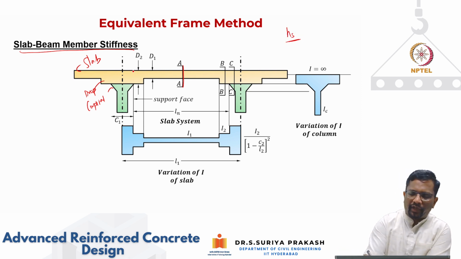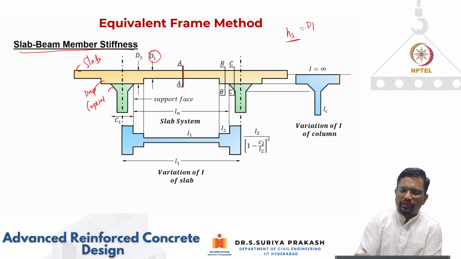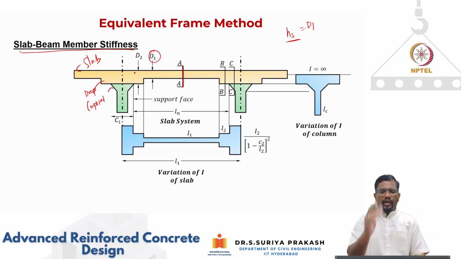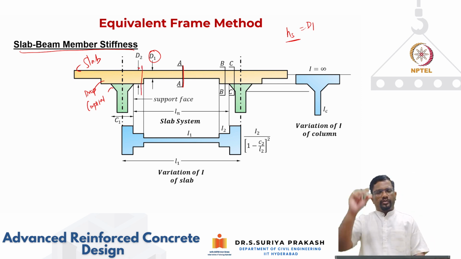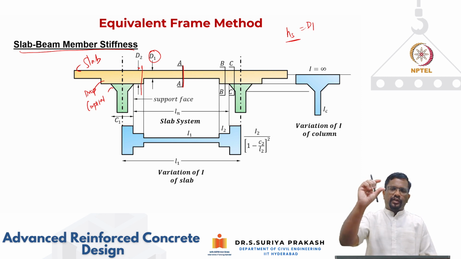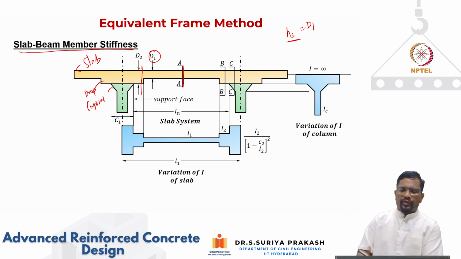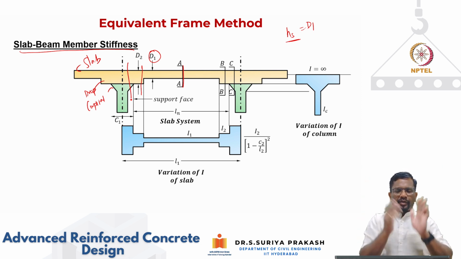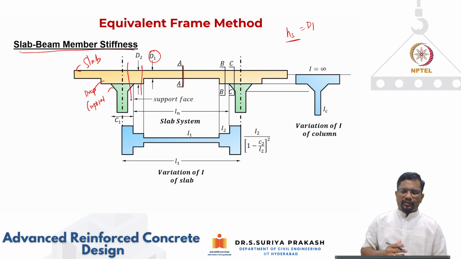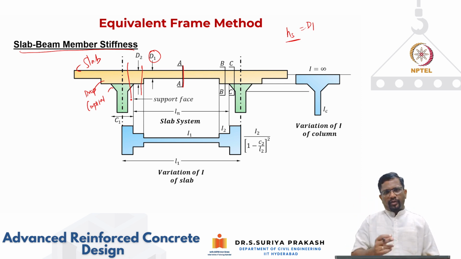But if I take the section at D2, let's say HS is equal to D1. Now, if you look at the thickness at this section, the slab has its slab thickness, and in addition to that you also have the drop panel thickness, whatever thickness you provide. But if I take the section at this point, now you see the column capital is also coming in, depending upon where I'm taking the section. So it has the thickness of the slab, the thickness of the drop, and part of the column capital also coming.